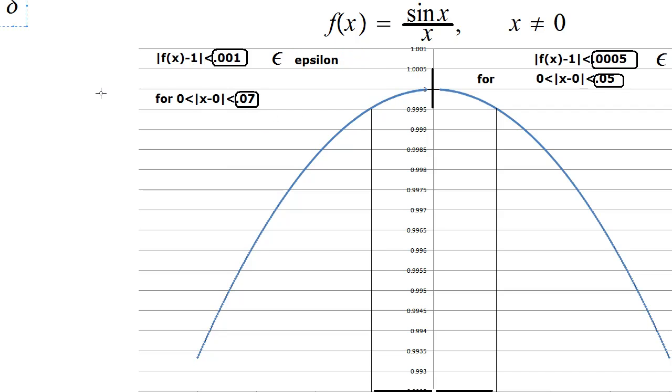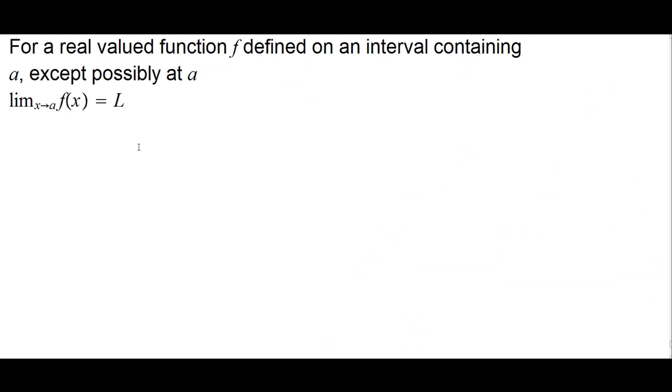And for the distance of the x values from A, the symbol generally used is delta. So once we specify our epsilon, we want to ensure that we can find delta in case that limit statement is true.